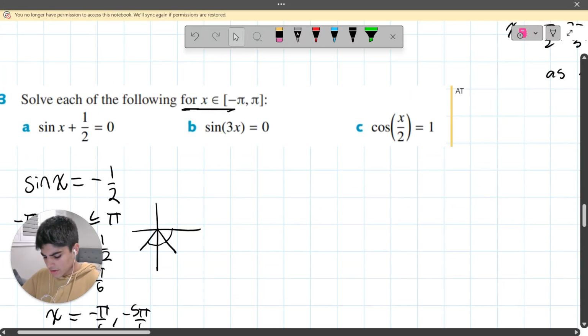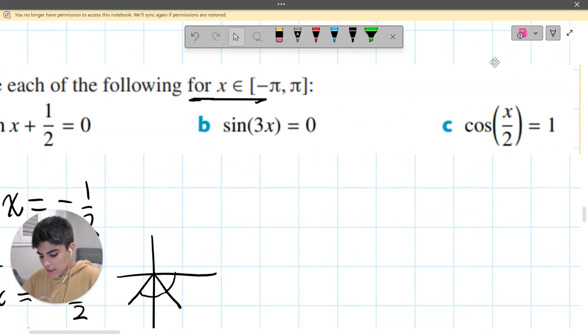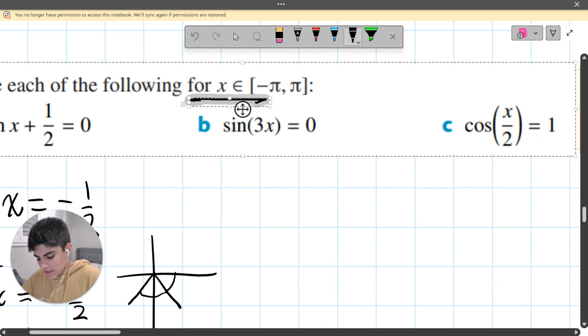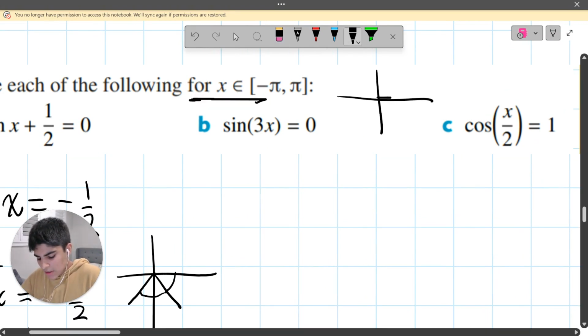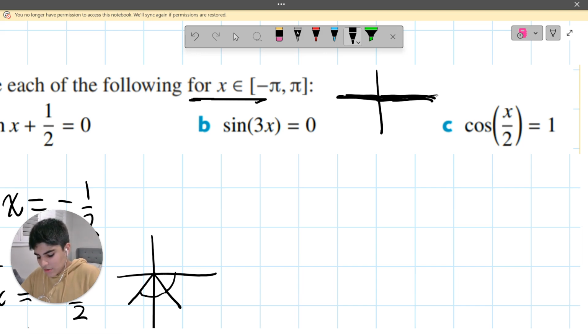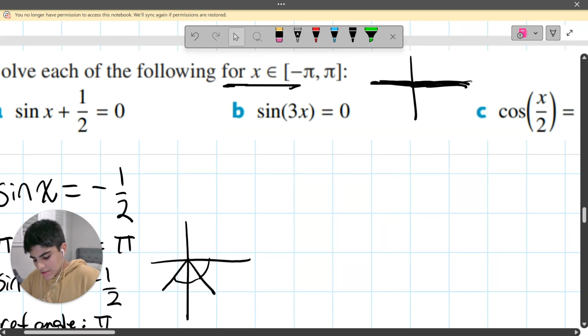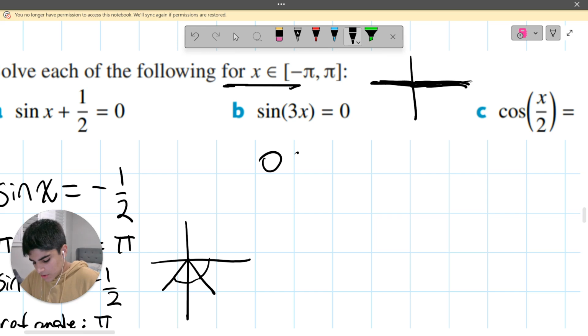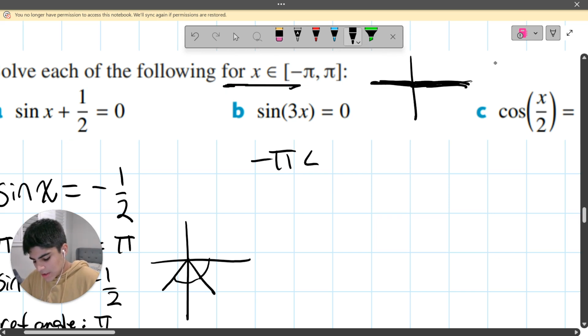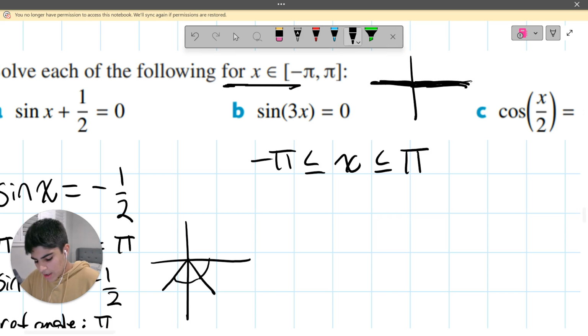Sine 3x. Okay. So let's first start off with this. Sine is always zero at these two points, so these are our reference angles. Our reference angles are 0 and pi. Alright, let's define our domain. Negative pi is less than or equal to x, which is less than or equal to pi.